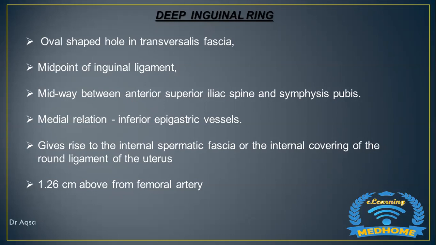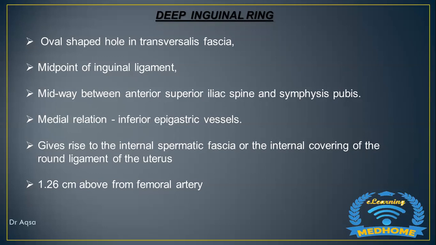So for the deep inguinal ring, I'm just going to quickly revise: it's an oval shaped hole or a defect in the fascia transversalis, and it can be located at the midpoint of the inguinal ligament, or midway between the anterior superior iliac spine and pubic symphysis.